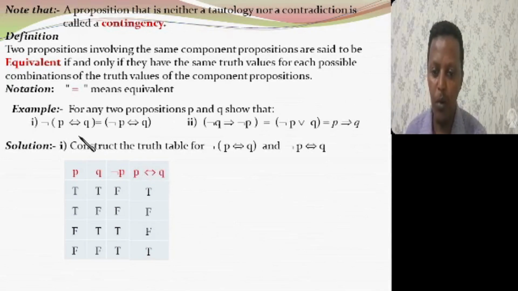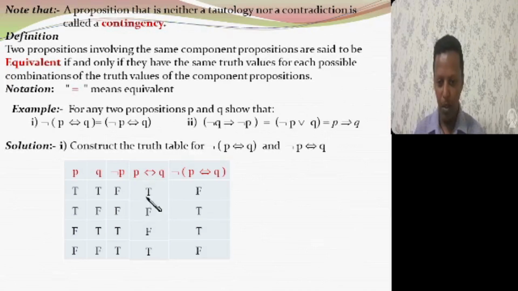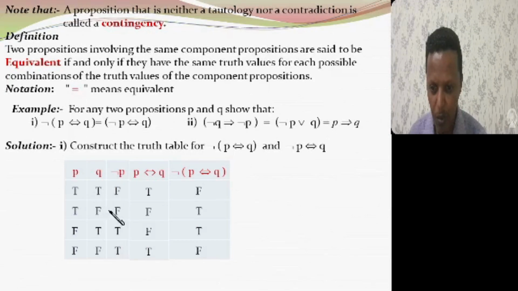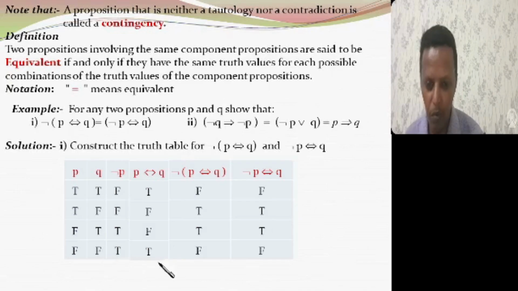So once you have P if and only if Q, you can take the negation of P if and only if Q. That is the opposite of the fourth column. And for negation P if and only if Q, we combine the third and the second column based on biimplication. When both have the same truth value, it is true. Otherwise, it is what? False.